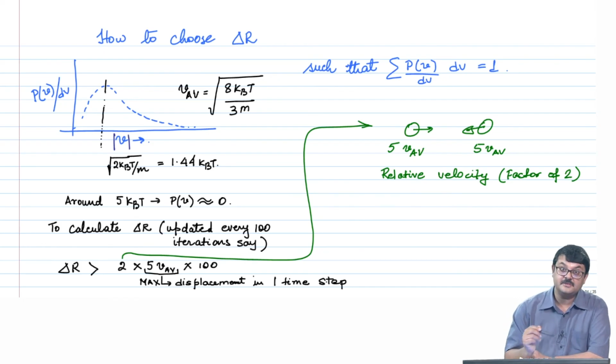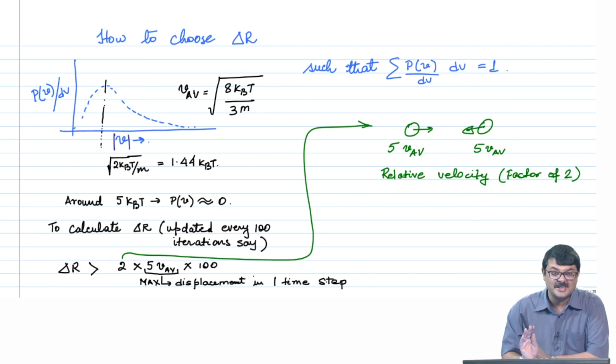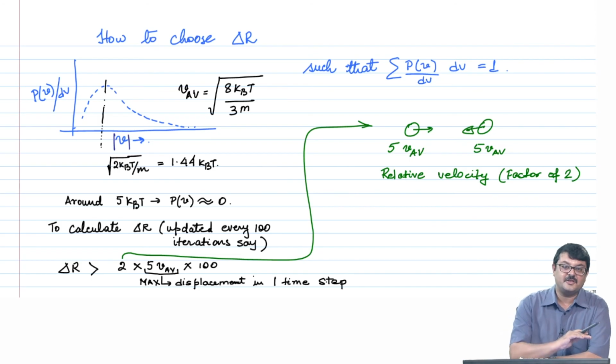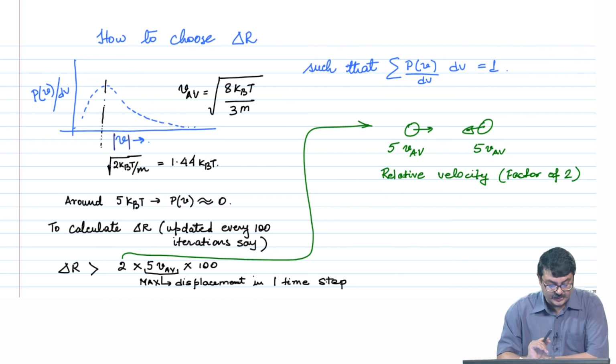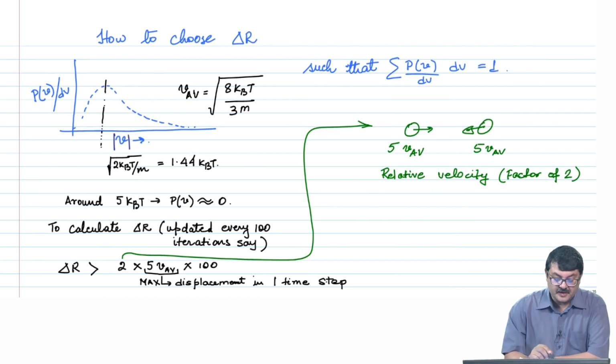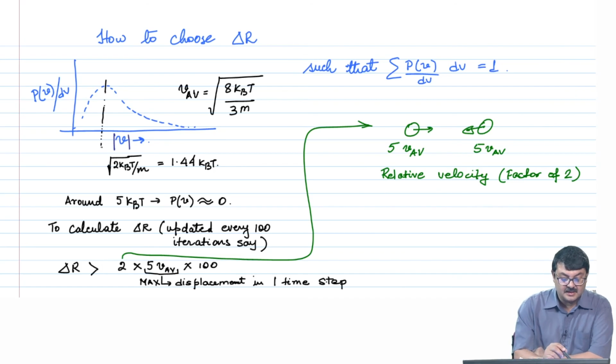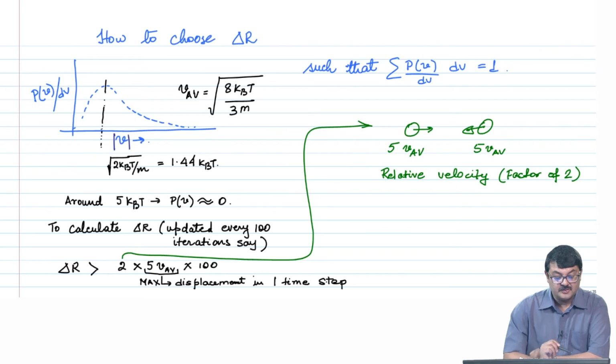And if you have any confusion about what kBT equal to 1 means, just refer to the previous class where we have discussed units. So, if kBT is 1, then the speed at which you have the peak is at around 1.44. And what is the V average?